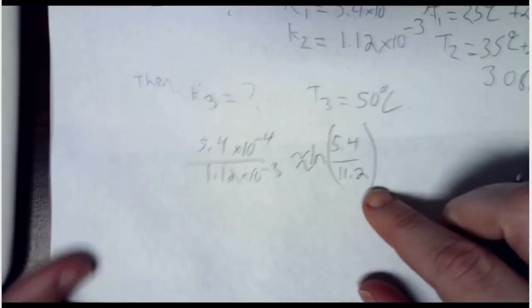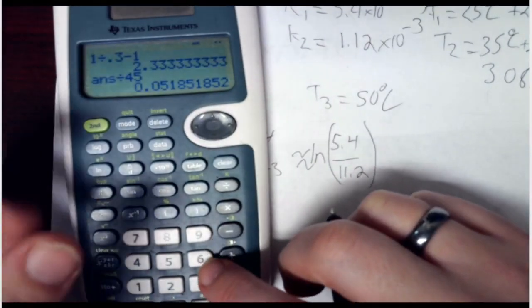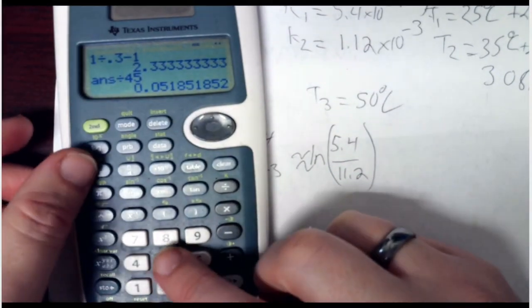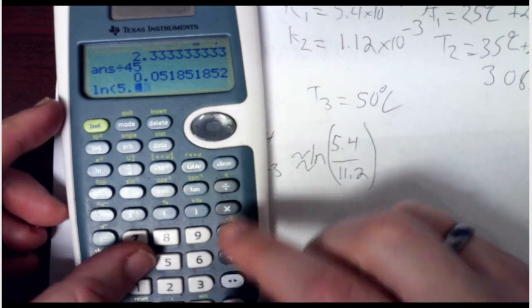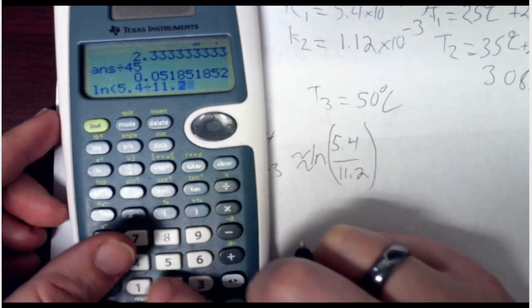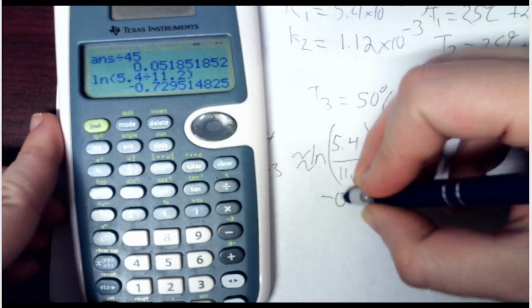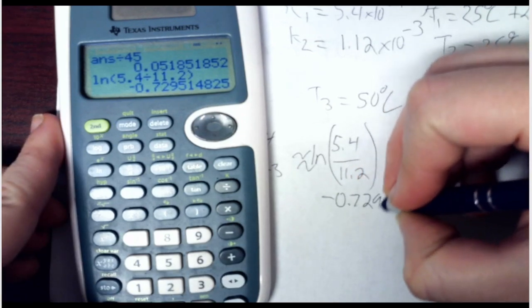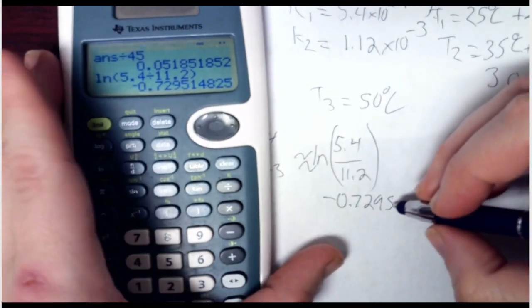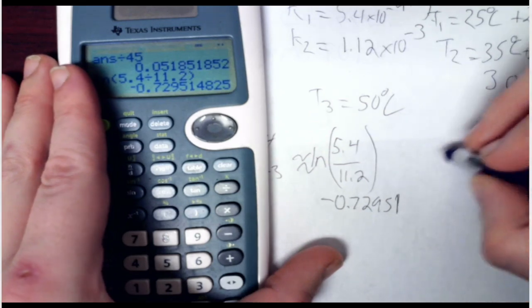We take the natural log of that. Let's solve that first, because that's easy to do. ln of 5.4 over 11.2 is negative 0.7295. I'll give it one more decimal just to make sure.